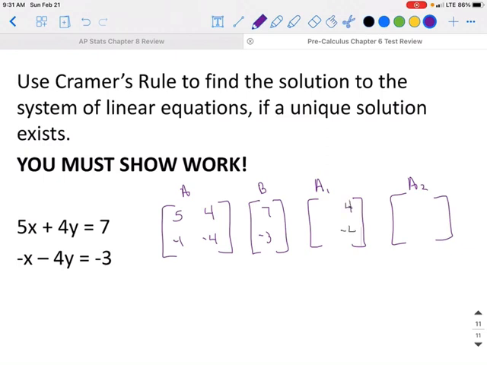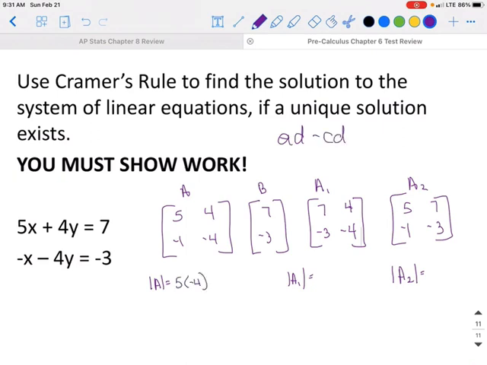I'm going to leave the second column alone, and I'm going to replace the first column with matrix B. On A sub 2, I'm going to leave the first column alone, and I'm going to replace the second column with matrix B. From here, I need to find the determinant of A, the determinant of A sub 1, and the determinant of A sub 2. Remember, to find the determinant, it's AD minus CB.